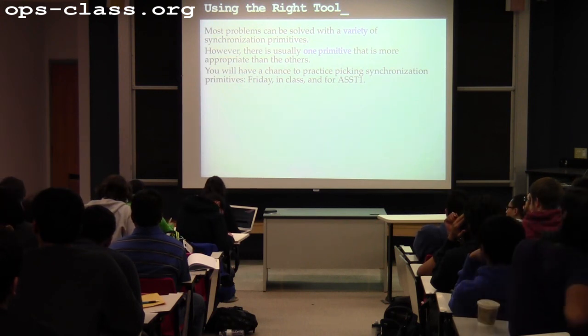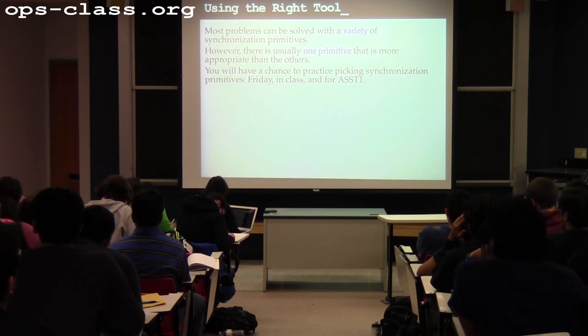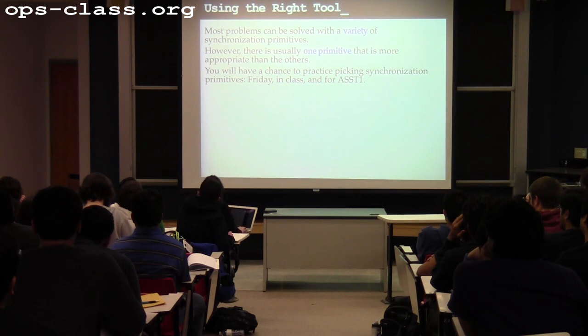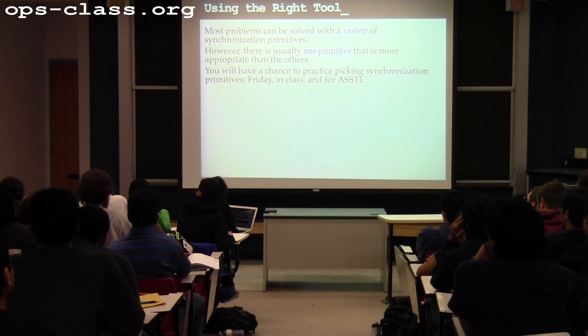It takes some practice to get good at choosing the right synchronization primitive for a particular problem, and we're going to give you some practice doing that for assignment 1. For assignments 2 and 3, you'll have plenty of other chances to use synchronization primitives, and you'll get better with practice.